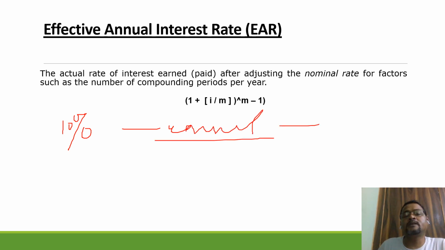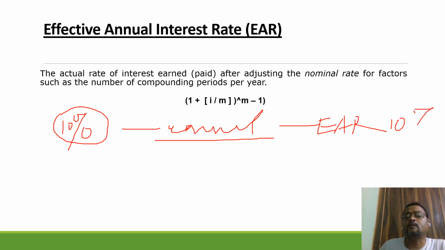So your effective interest rate is the same, 10%, because the number of compounding is 1. But what if it is biannual?